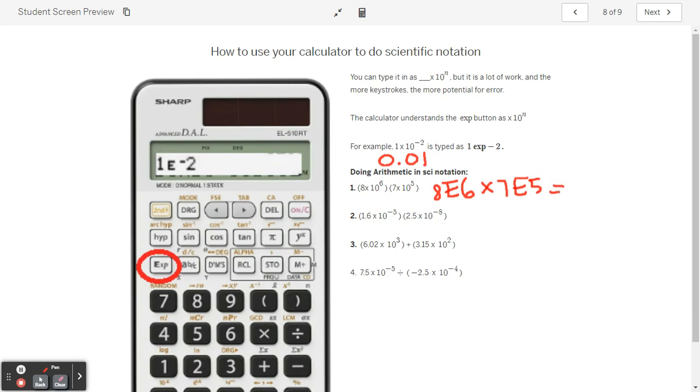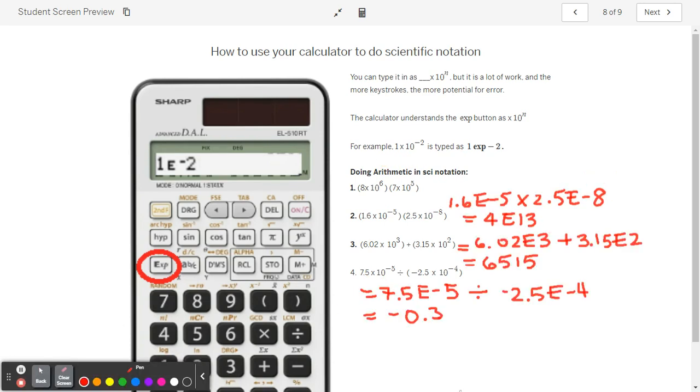And you should get 5.6e12. I'll give you a little bit of time. Please type these in your calculator to see if you can get the same answer.